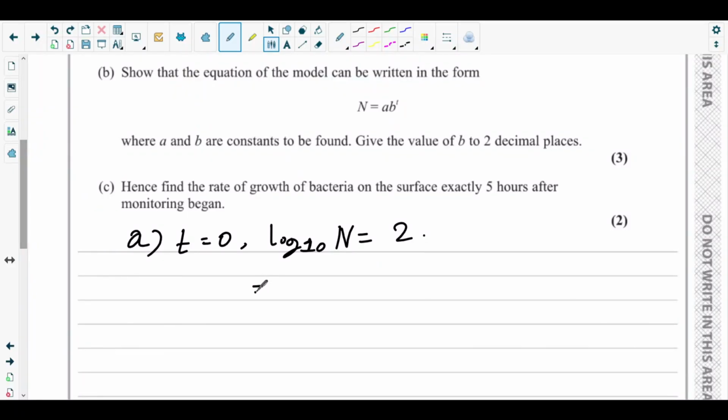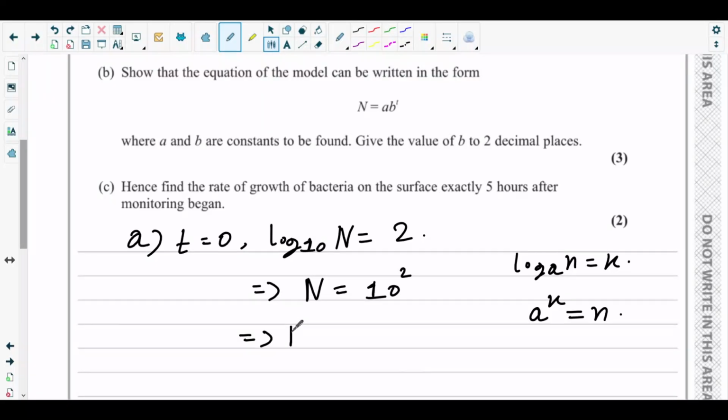Use the formula to convert logarithm to exponential, which is n equals 10 squared, because if log base a of n equals x, then a to the power x equals n. So 10 squared gives n equals 100.